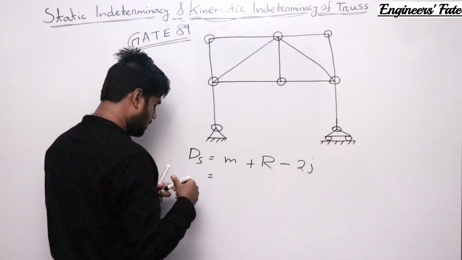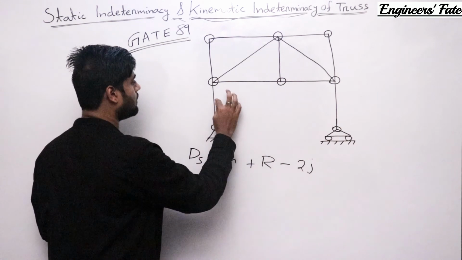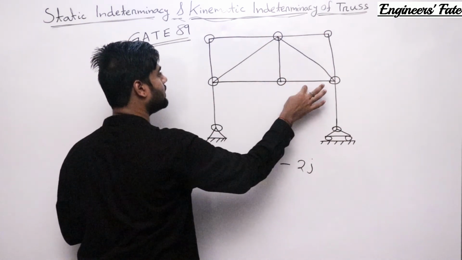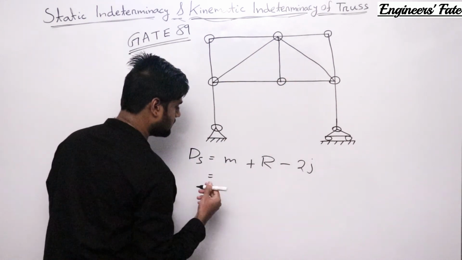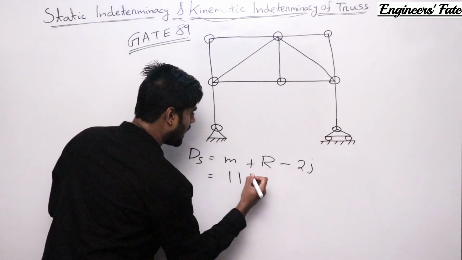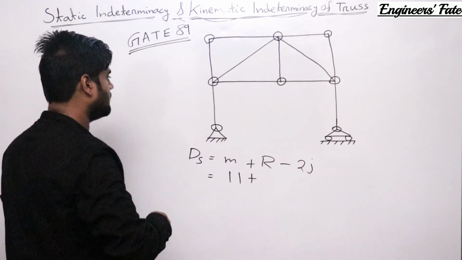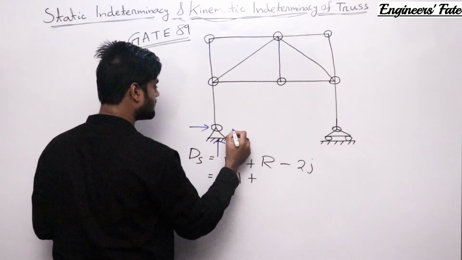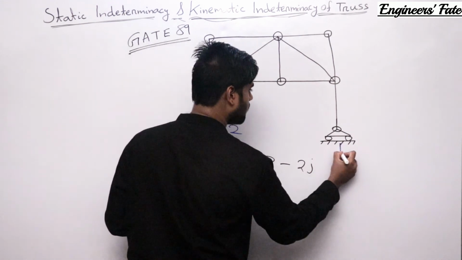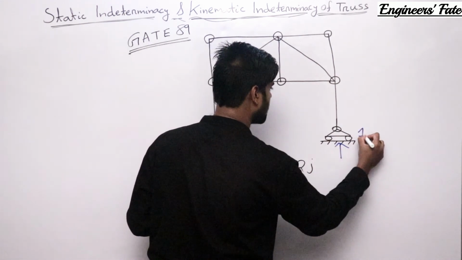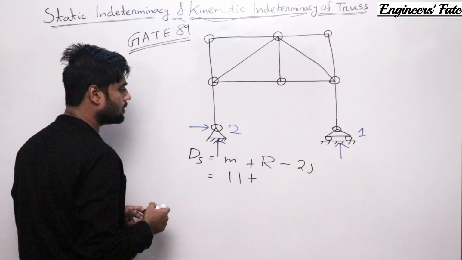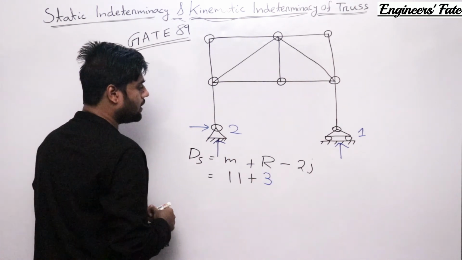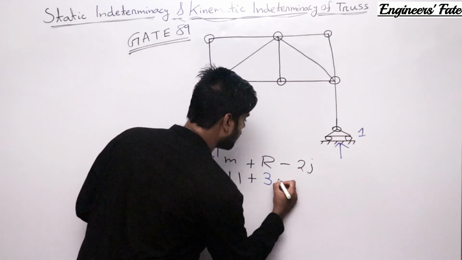So how many members are there? You can see 1, 2, 3, 4, 5, 6, 7, 8, 9, 10 and 11. How many reactions are there? For a hinge support, reactions are 2, and for a roller support, reactions are 1. So 2 plus 1, that is 3. How many joints are there?